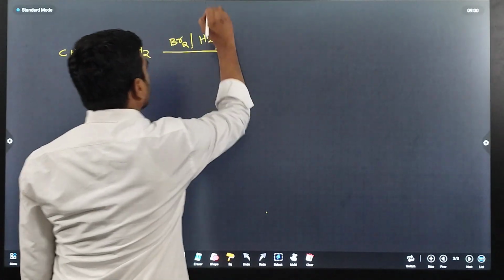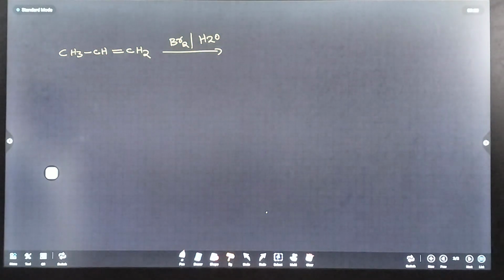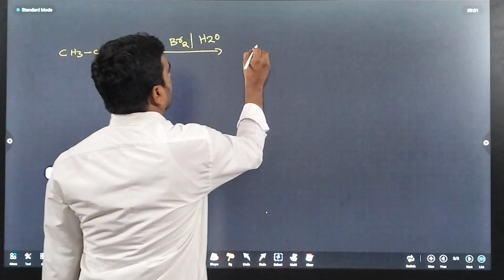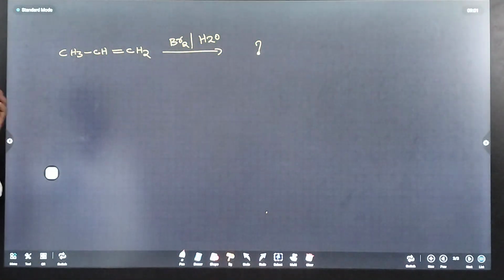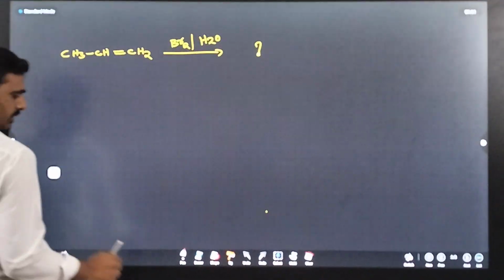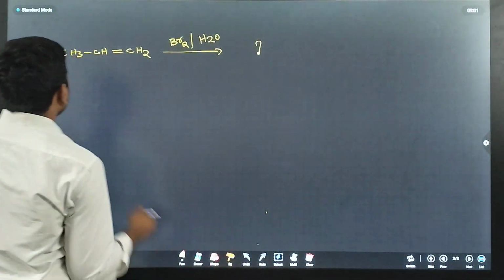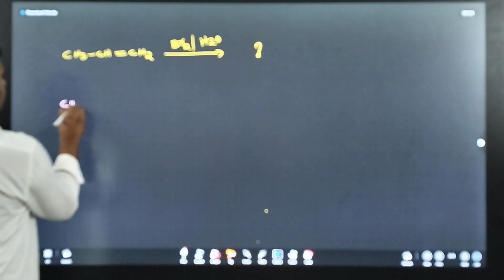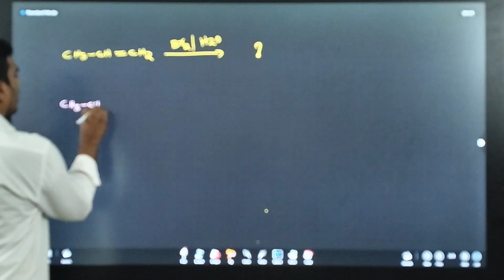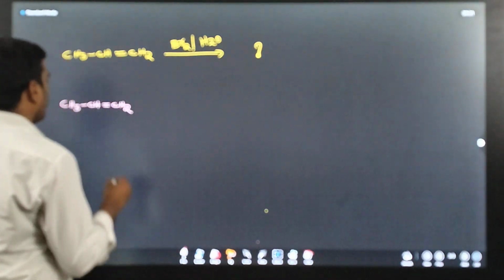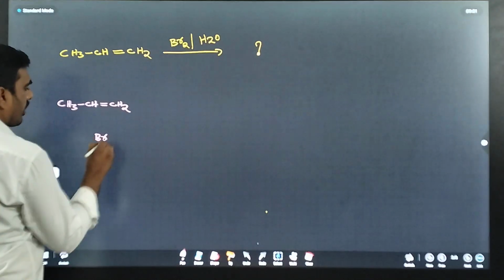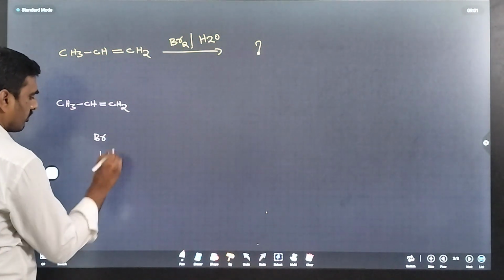Here a polar solvent is there. Which product is obtained? Similarly, I can write the mechanism. CH3 CH, this is propene, with Br and Br.